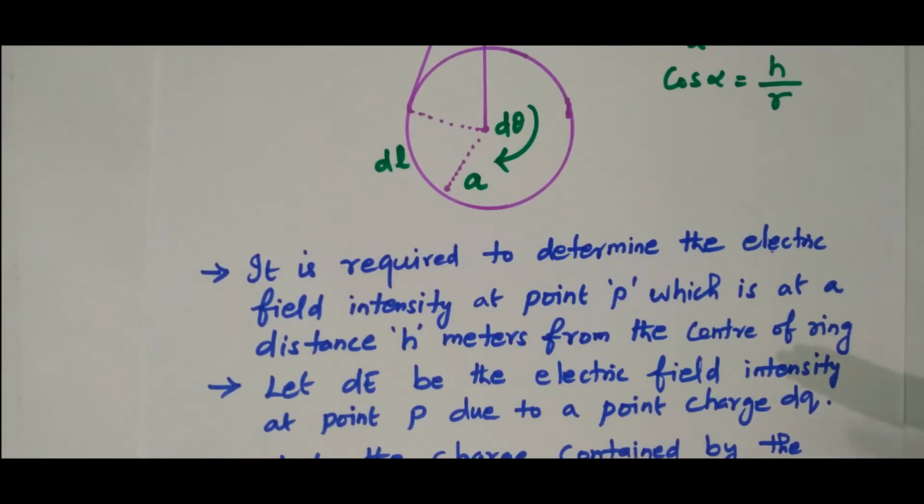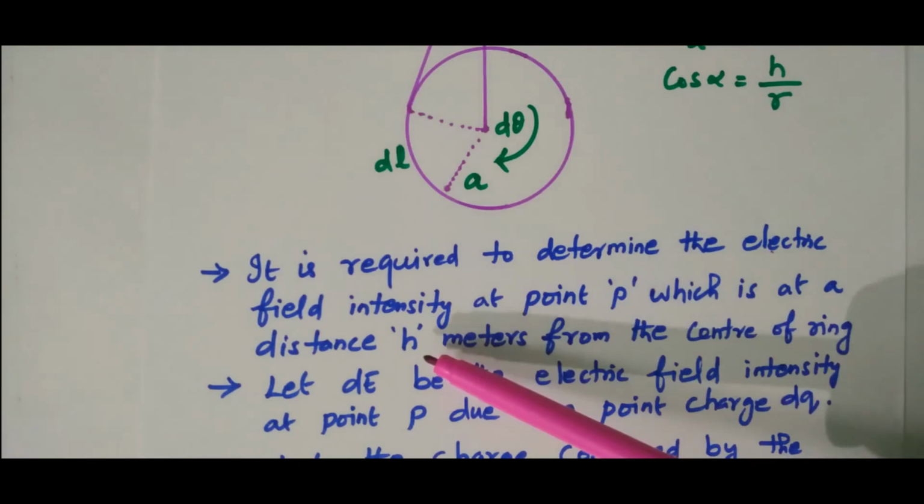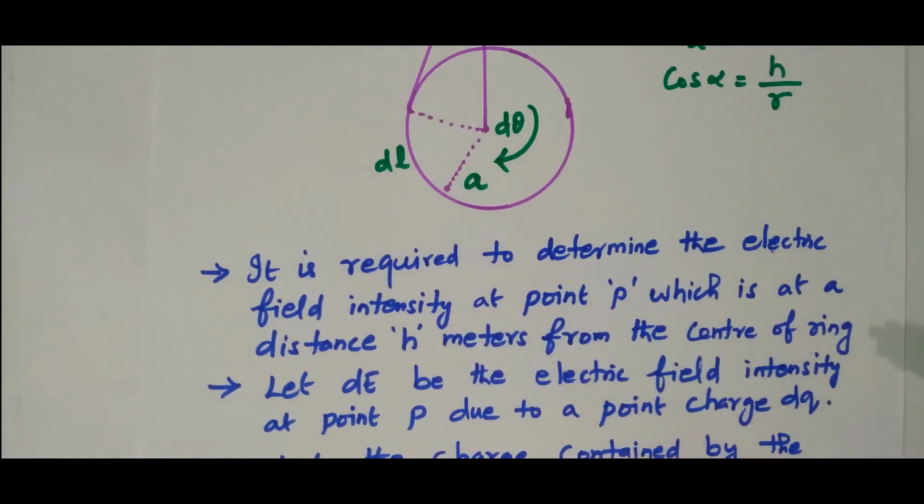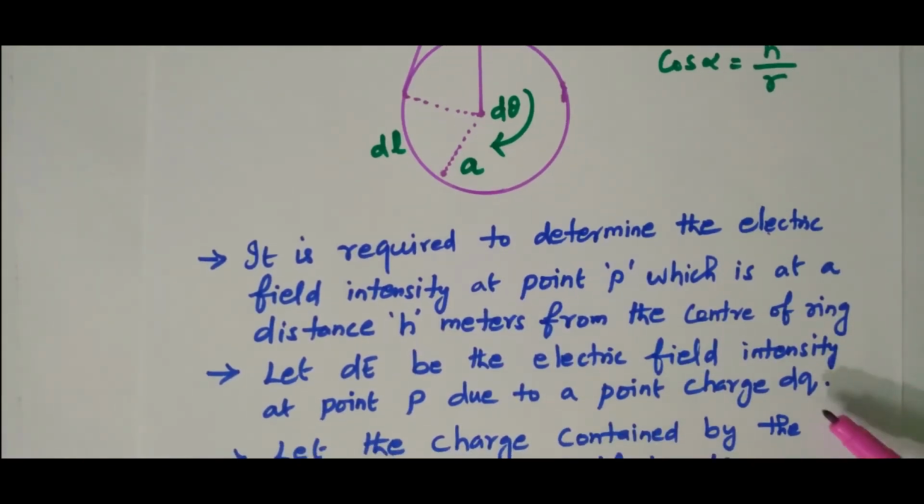It is required to determine the electric field intensity at point P, which is at a distance h meter from the center of the ring. We have the point P located at a distance h meter. We consider only a small charge, so the electric field intensity is also small, dE.